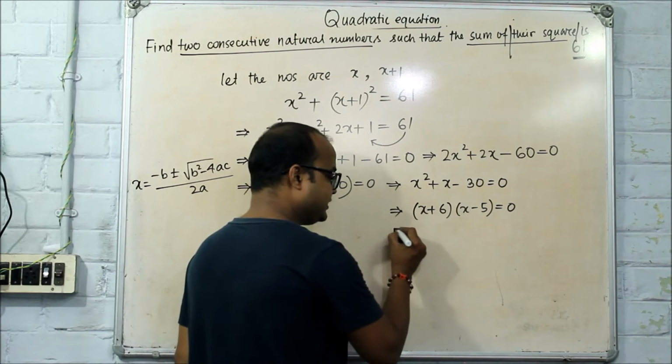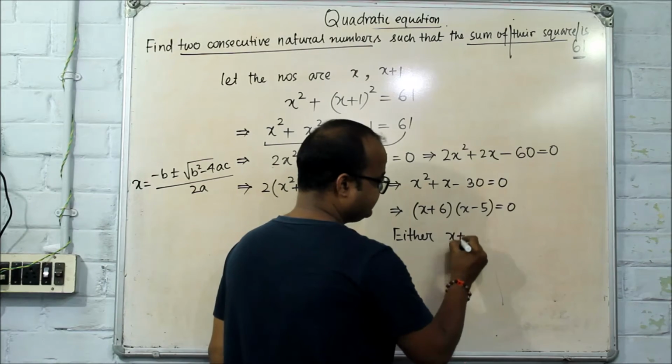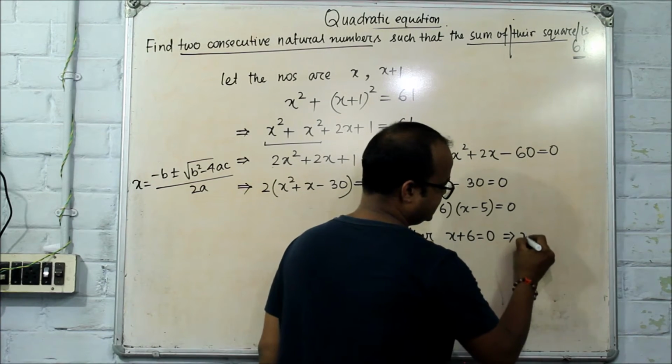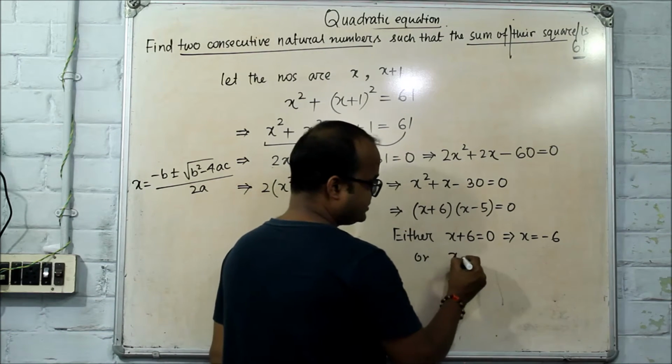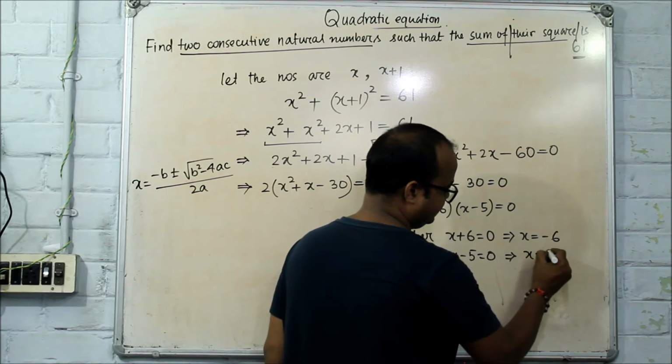So we can say that either x plus 6 is equal to 0, so it implies x is equal to minus 6, or x minus 5 is equal to 0, it implies x is equal to 5.